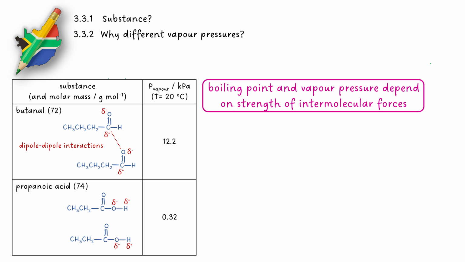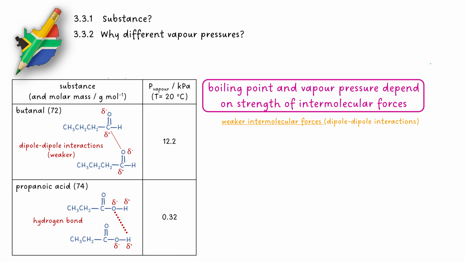These delta minus and delta plus charges are more pronounced or stronger than the charges on the carbonyl. A delta negative oxygen on one propanoic acid molecule is attracted to the delta positive hydrogen on an adjacent molecule. This force of attraction is a hydrogen bond, since the highly electronegative atom is bonded to a hydrogen specifically.